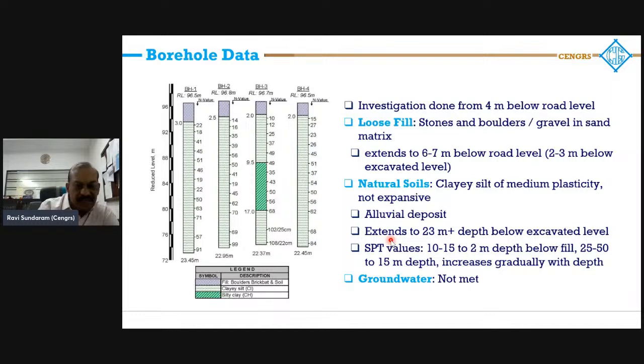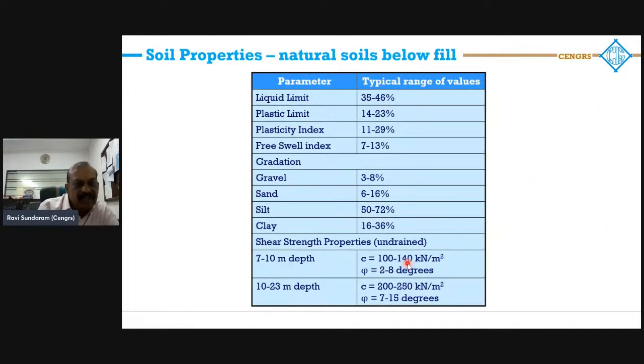So, to 23 meters, these boreholes had been done, and we found that the N values are increasing with depth, and groundwater was not met. So, in this fill, you cannot rely on it, but below the fill, the strata is quite good. So, these are the natural soil properties below the fill. You can see here the shear strength is quite good.